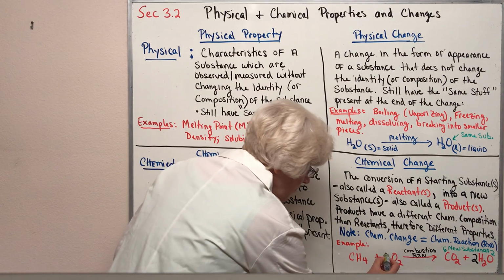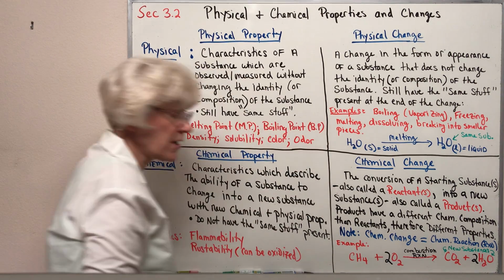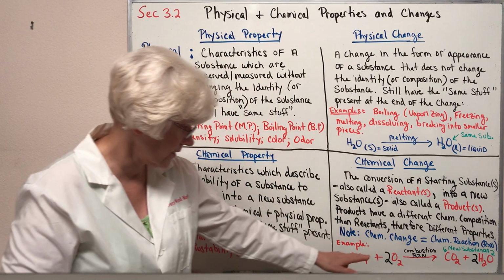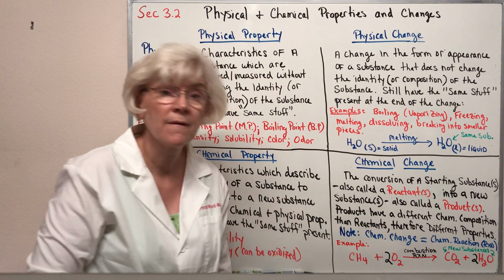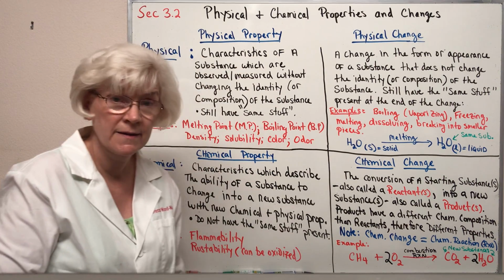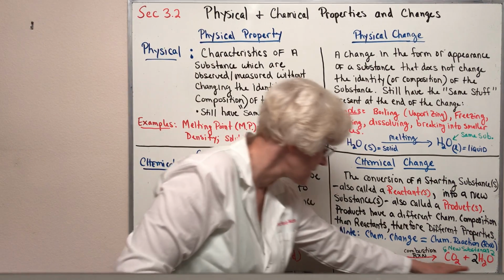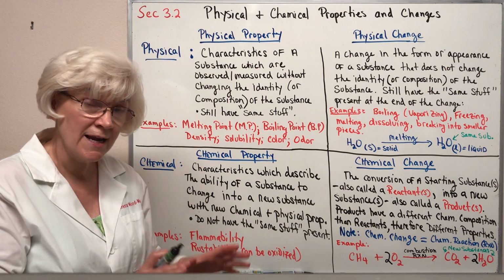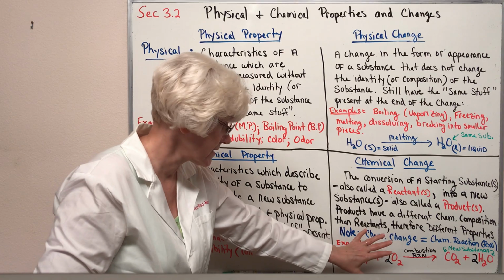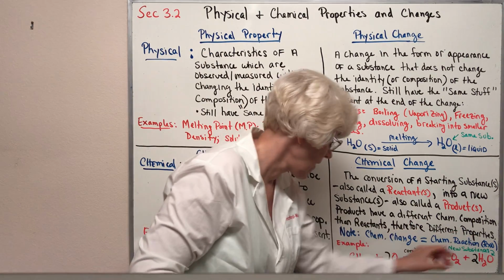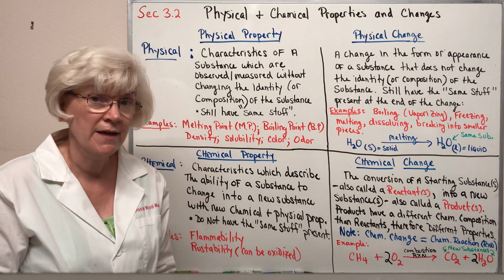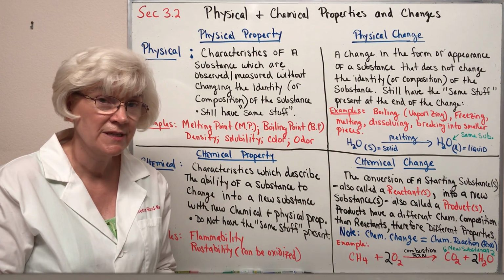And I'm going to come over here and write a coefficient 2 in front of my oxygen molecule. And 2 times 2 is 4 oxygen atoms now on the reactant side. So I have balanced this chemical equation and accounted for where all of the atoms in the starting substances, also called reactants, end up in our products. Our atom count is equal.